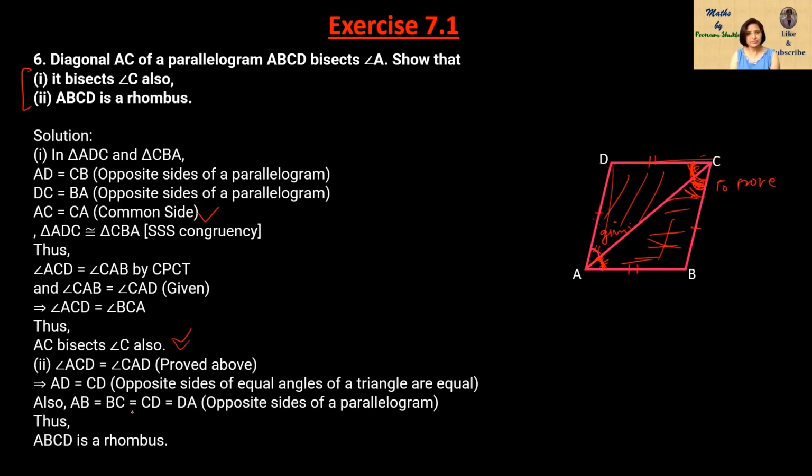Also, AB equals BC equals CD equals DA, since opposite sides of a parallelogram are equal. So thus we can say this is a rhombus.